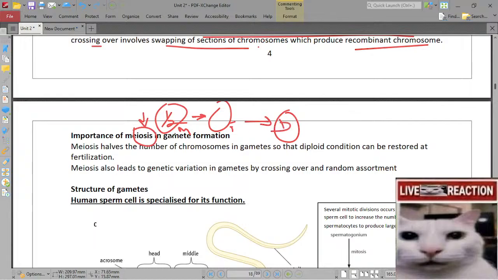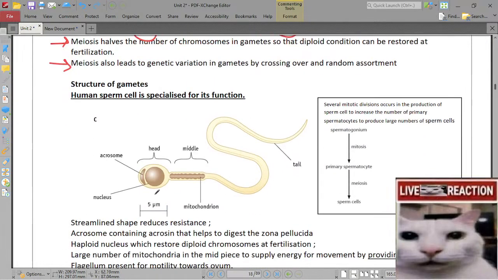So this is why meiosis is super important here. Meiosis also leads to genetic variation in gametes by crossing over. So it's not only that you need the proper amount of chromosomes, but also you need some genetic variation for evolution to occur.